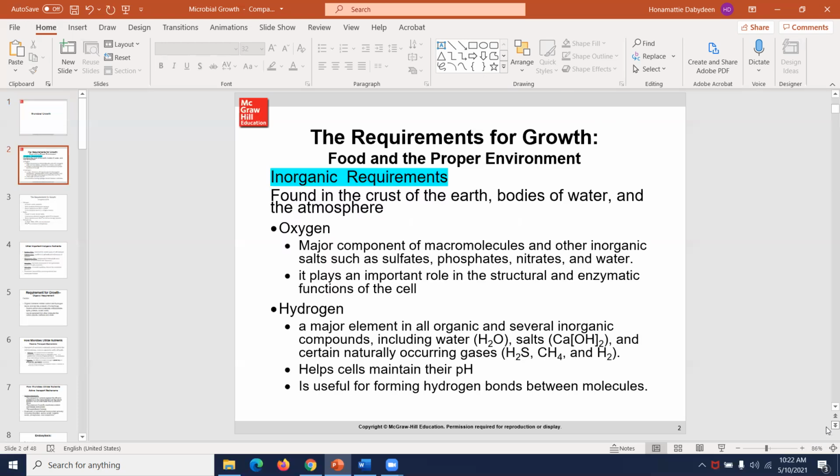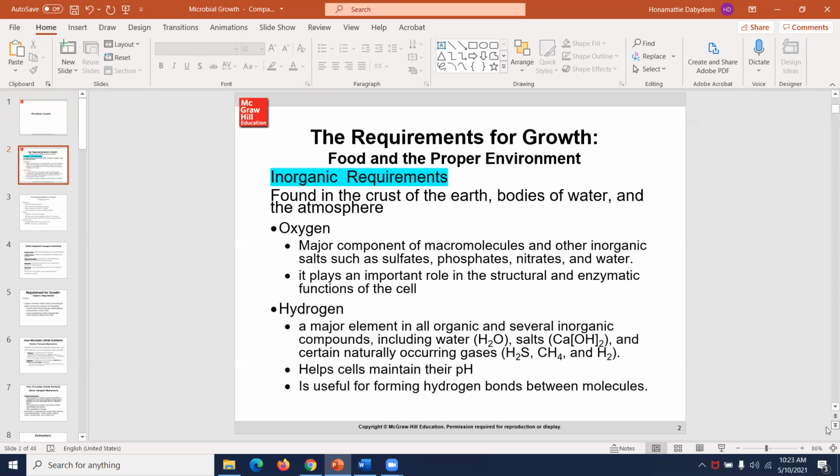Now, like I said, we need food and we need a proper environment. So what does the organism require in food? We're going to talk a little bit about some of the inorganic requirements first, some of those elements or atoms that we will need. Most of those are found in the crust of the earth, bodies of water, and in the atmosphere.